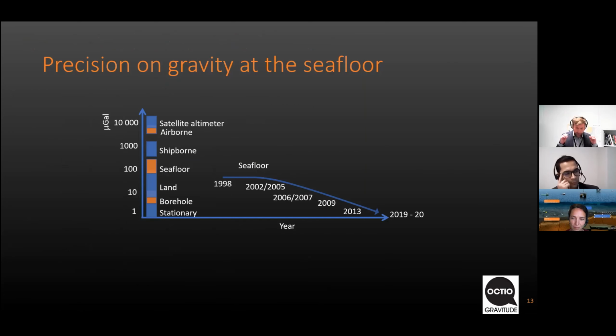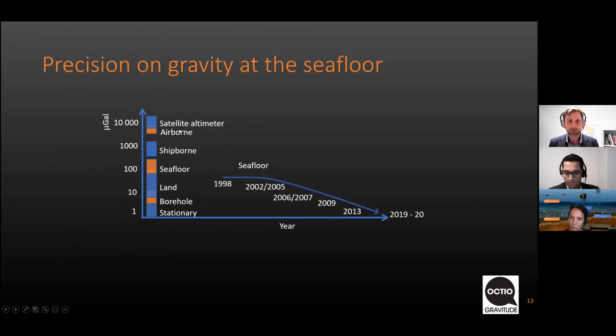So many of you, from university, will have learned about gravity, but usually not the same gravity as what we are talking about here. For instance, I spent some years on seismic vessels, where we acquired shipborne gravity.